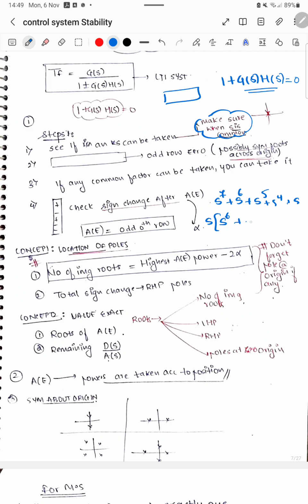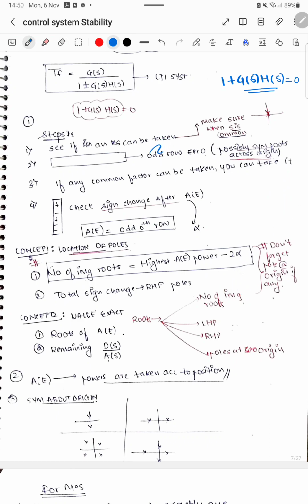Okay, s^6 plus and so on, times s, so there will be one pole at origin for sure, so you should not forget this also. But always make sure that your last term is always a constant. Okay, it is not a function of s, it's always a constant. Fine, so let's get started with the rules of it.